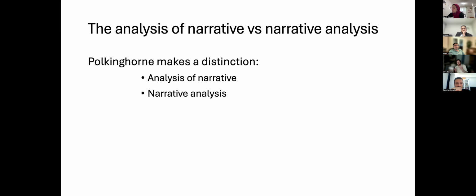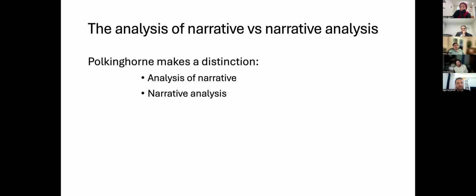The first thing is that Donald Polkinghorne makes a distinction between the analysis of data, the analysis of narrative and narrative analysis. This is a fairly fundamental distinction, because the two are very different.